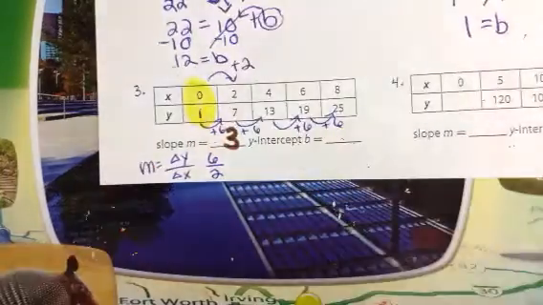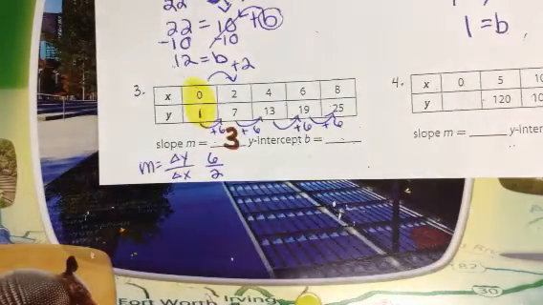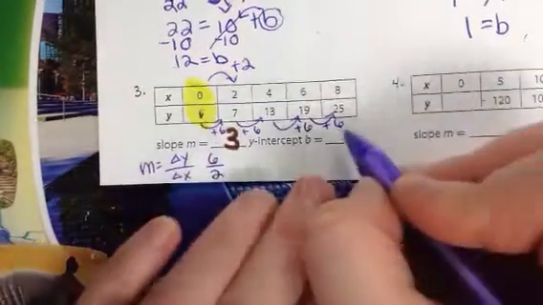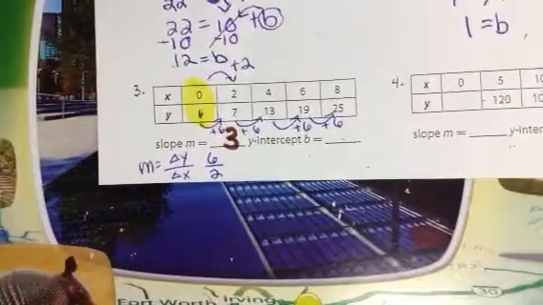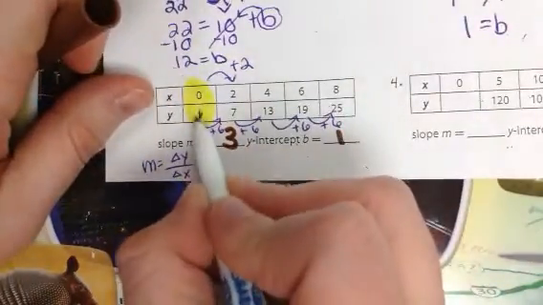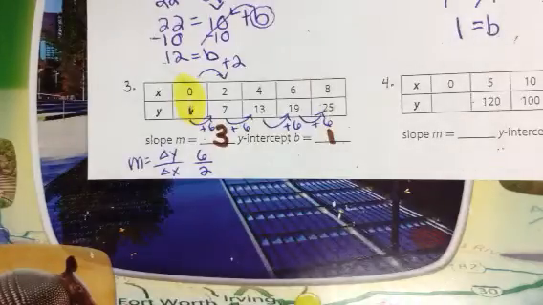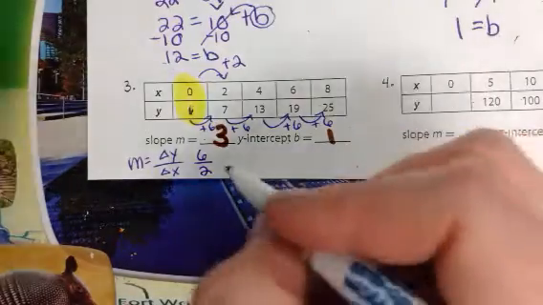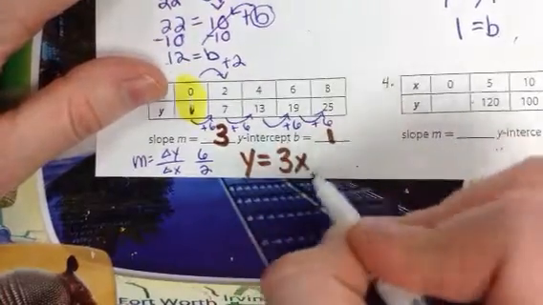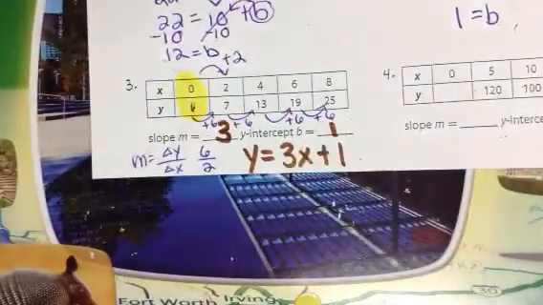So whenever you see the x number of 0 in your table, they are giving you the y-intercept. So my y-intercept is just 1 because I could see it right here. So the equation that represents this one would say y equals 3x plus 1.